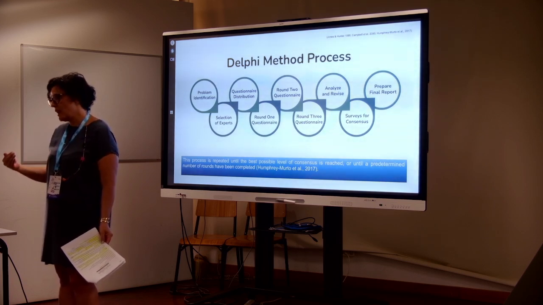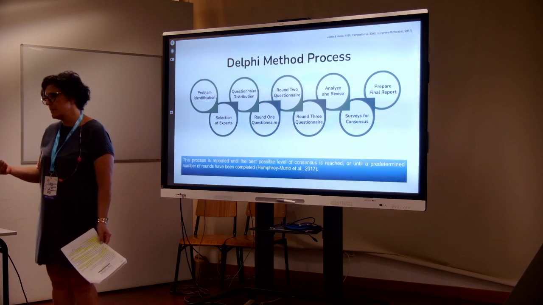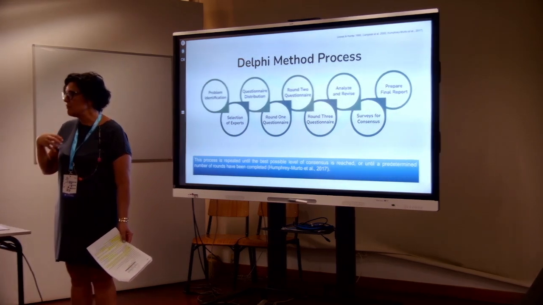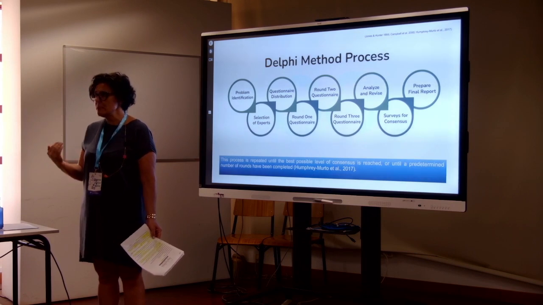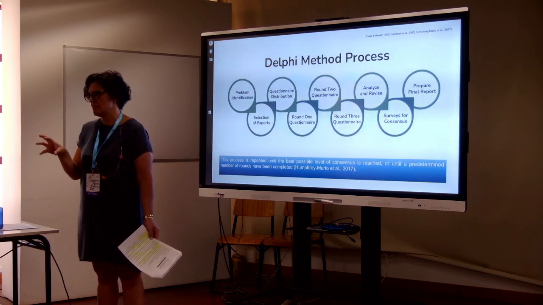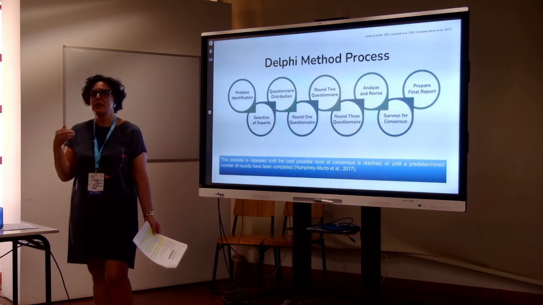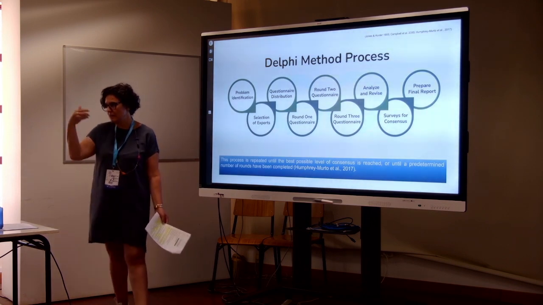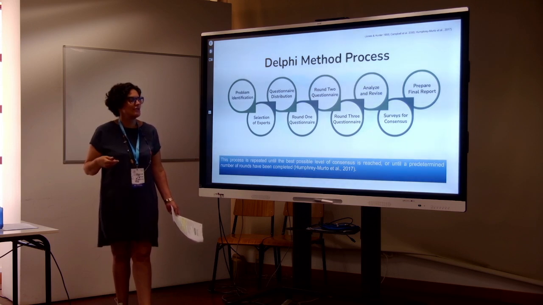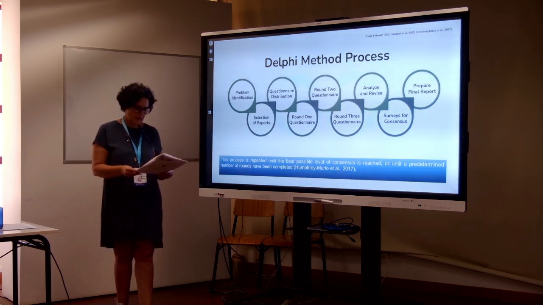So the first step of the Delphi study is precisely the development of a questionnaire, a first instrument, to be analyzed in the future rounds by the panel of experts.